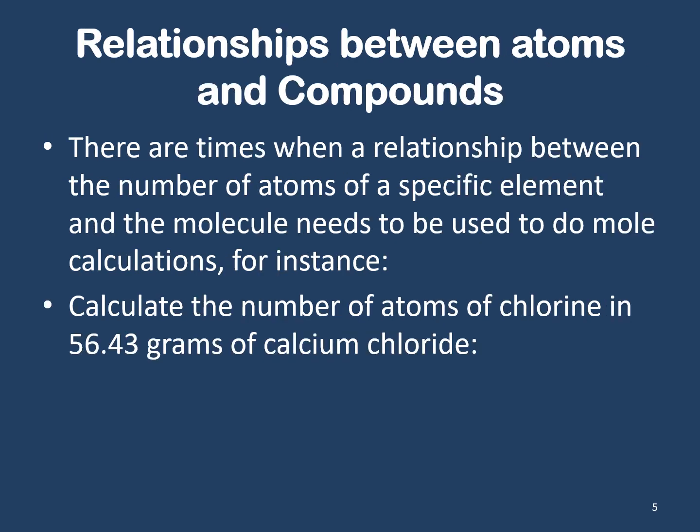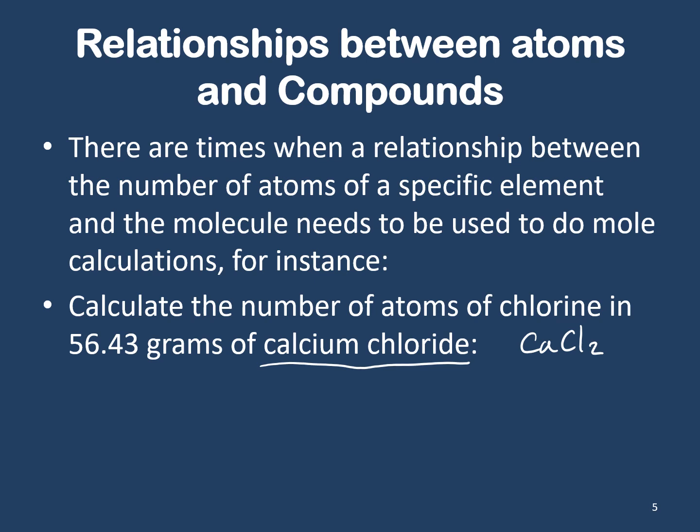All right, so let's talk about relationships between atoms and the compounds and the molecular formula. If we want to do a mole calculation from the substance, let's say calcium chloride, which we know is CaCl2, to an atom within this substance, like Cl or Ca, then we need to come up with what we call a mole ratio.